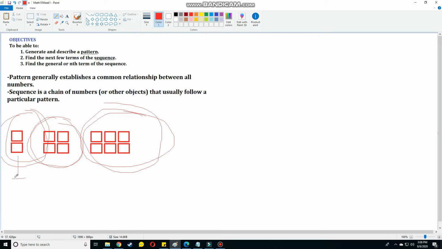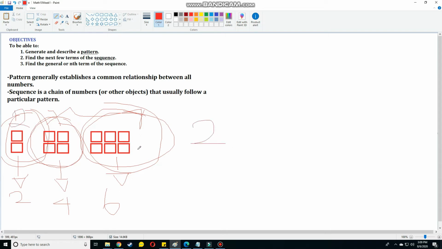On the first picture we have two boxes, on the second we have 4, and on the third we have 6 boxes. So based on that observation, we could say that in every picture, there are additional boxes. And how many additional boxes? That would be 2, right?